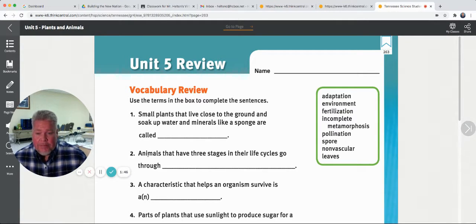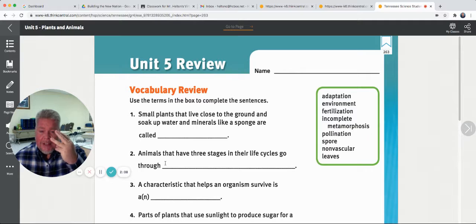Number 2, animals that have 3 stages in their life cycle go through what? Well, we talked about 2 types of metamorphosis: complete metamorphosis, egg, larva, pupa, adult. There's 4 stages in complete metamorphosis. Incomplete metamorphosis is egg, nymph, adult.